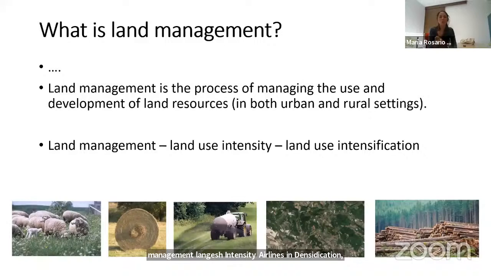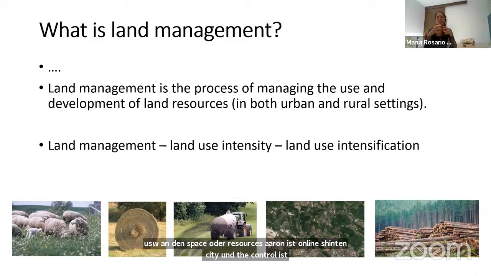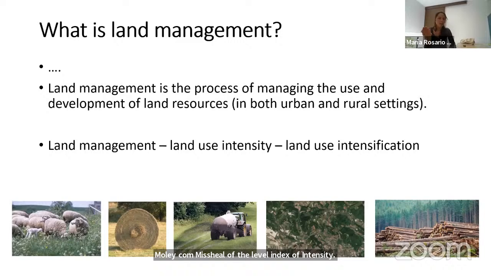With land management, we refer to the practices that we apply in a particular place or setting to use the space or the resources around us. And land use intensity, on the contrary, is more like a measure, an index of the intensity of this use. It can be low land use intensity or high land use intensity.